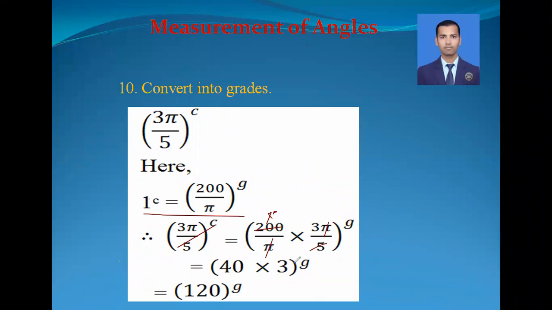And then 40 into 3, 120 grade. In this way, students, you can solve the short questions related to measurement of angles by using these relations of measurement of angles.